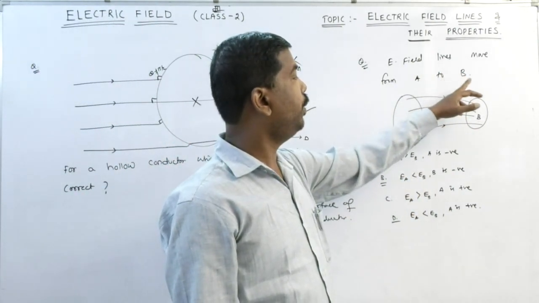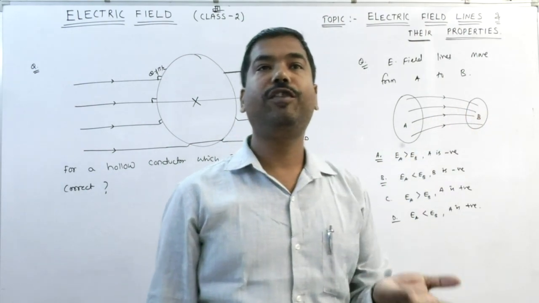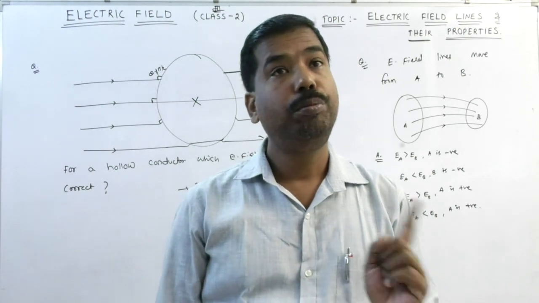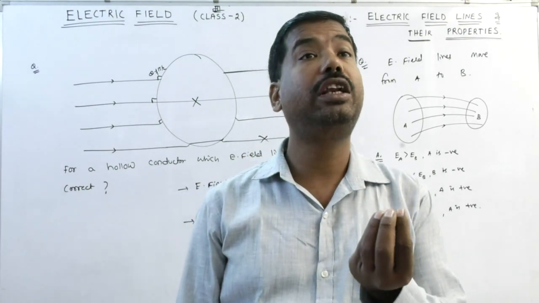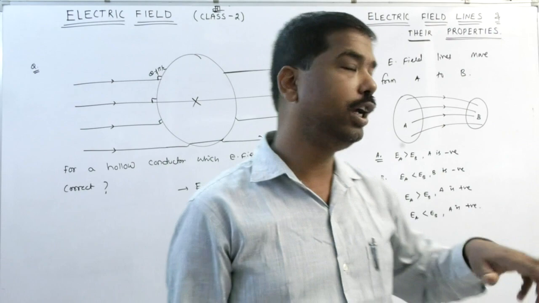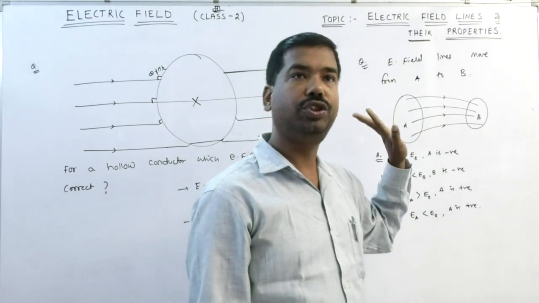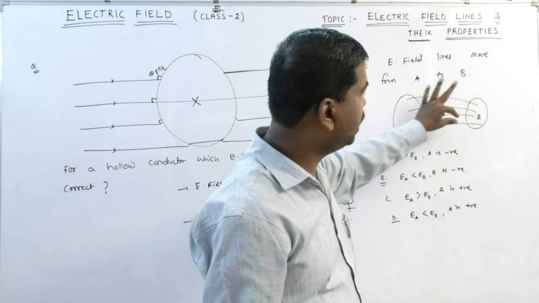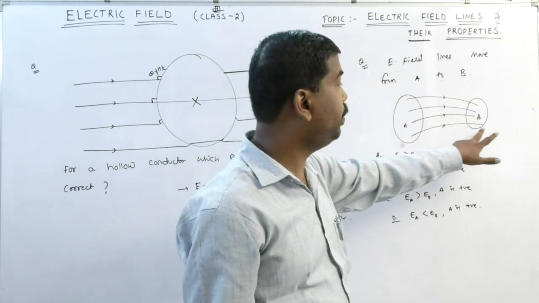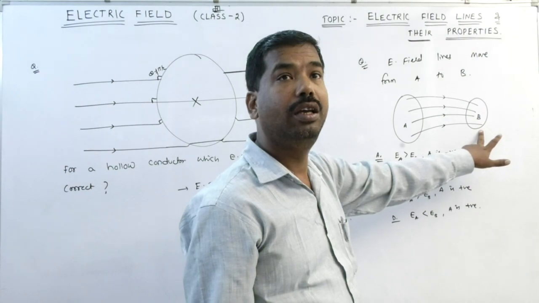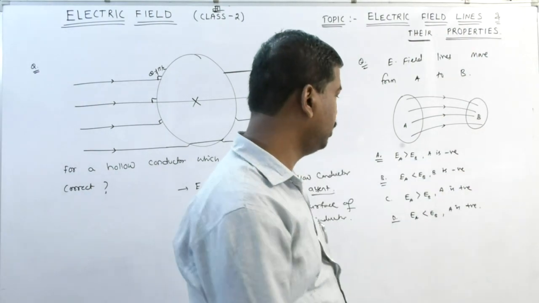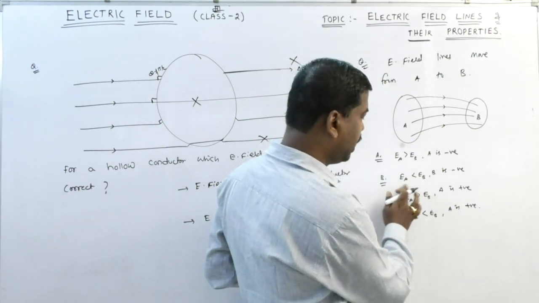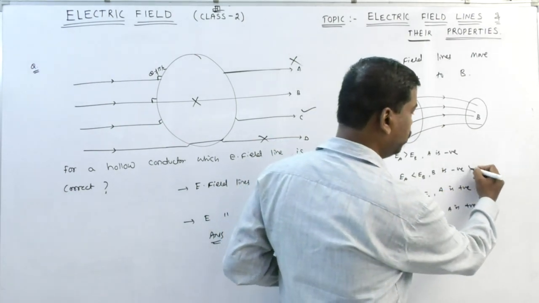We have already discussed that if electric field lines move from A to B, A must be positive, because electric field lines move from positive to negative. So A must be positive. Now, in case of B, the lines are close to each other compared to A. Hence the electric field at B is stronger. A is positive and B is negative, so this is the right answer.